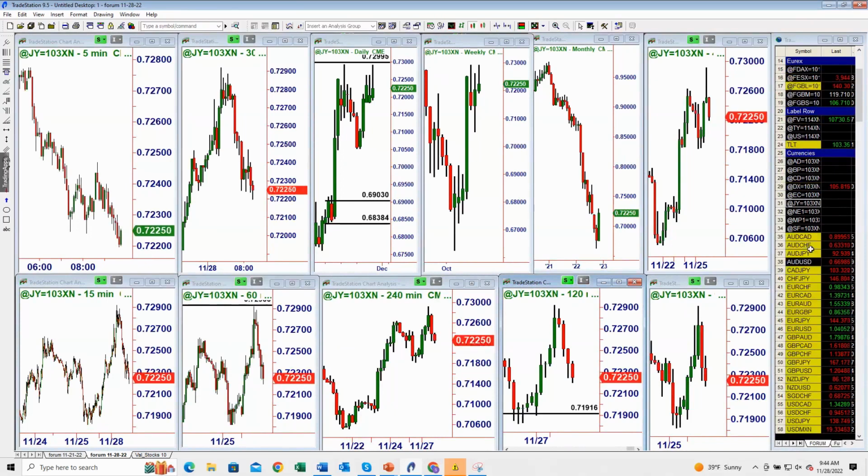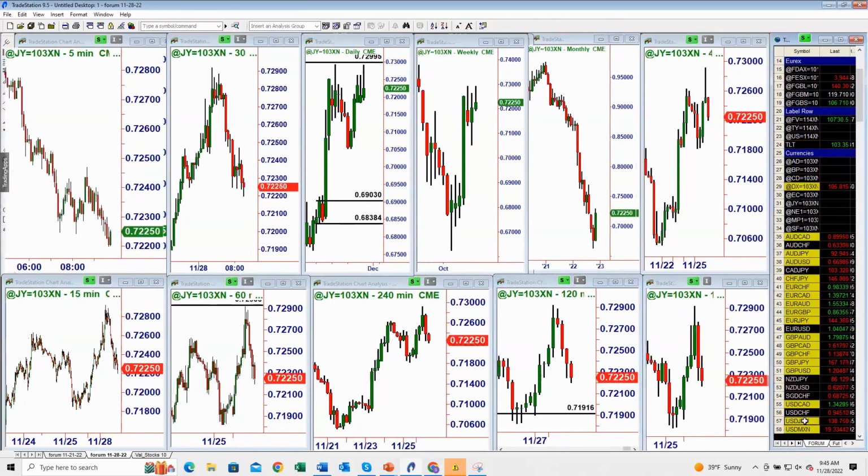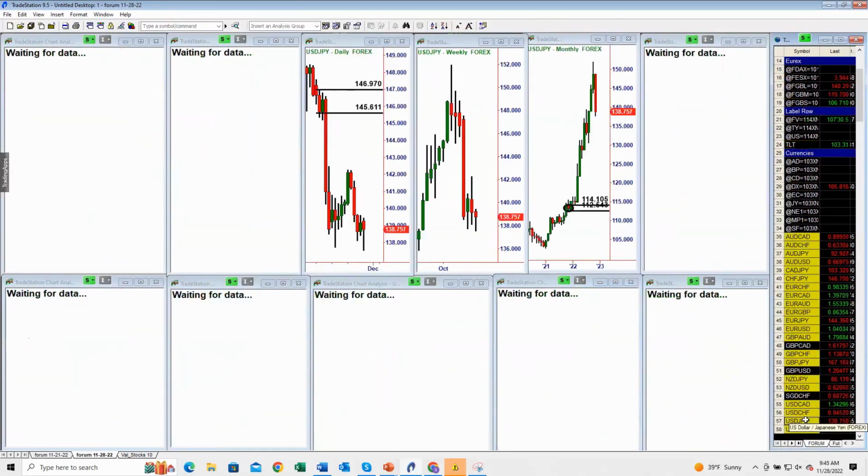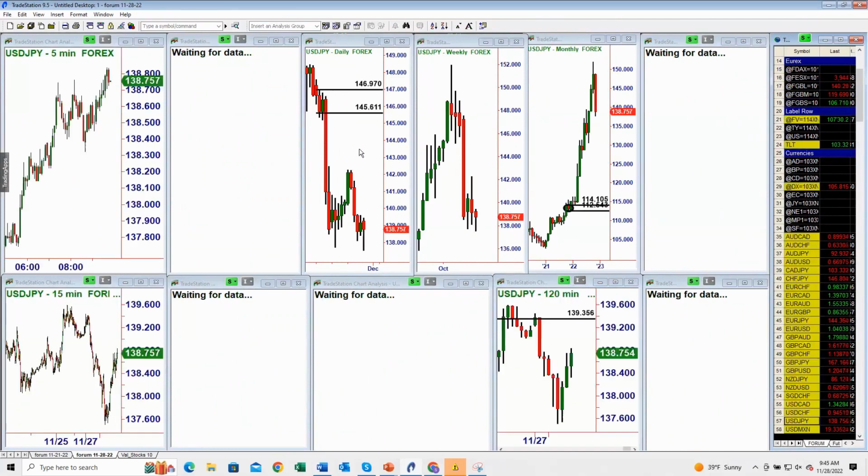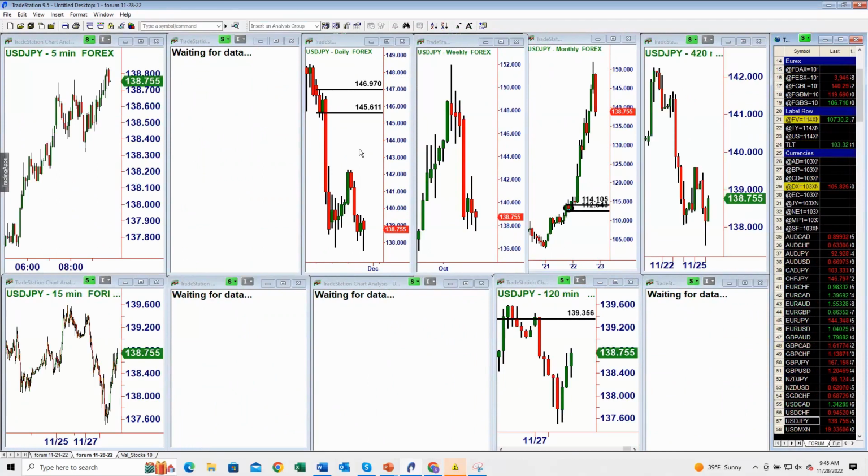Let's actually go to the spot dollar yen. Here we go. Obviously, this market has been a big mover.